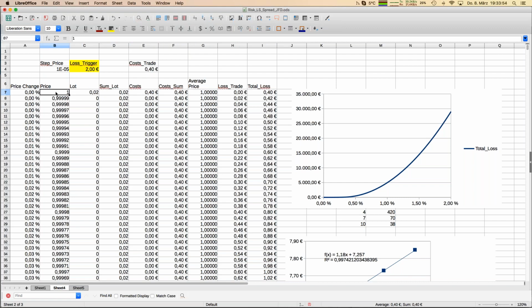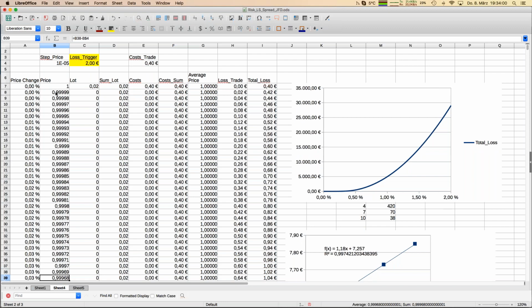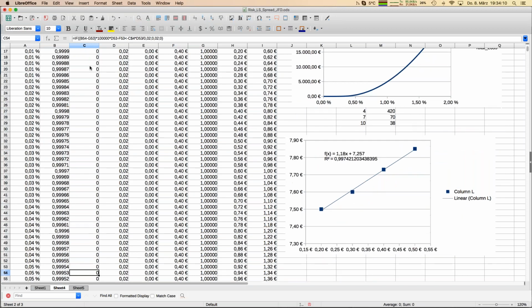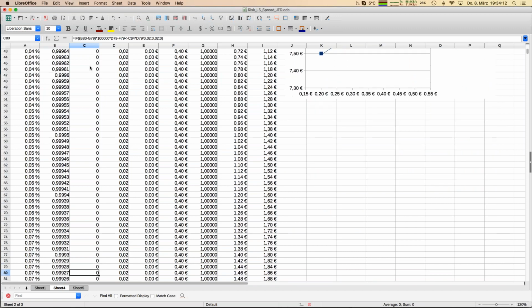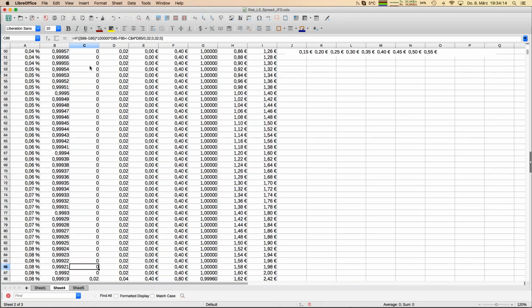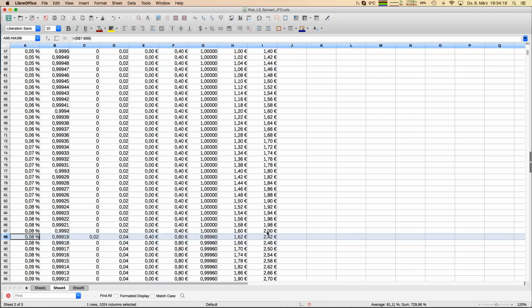So now my trade goes against me. So price goes down. I have a long trade. Price goes down, down, down. And now the Excel sheet is done in a way that I have here a loss trigger. So you will see I go down in the Excel sheet. Somewhere I reach my rebuy level. And that is here. You see, at that point in time, my loss was already 2 euros.